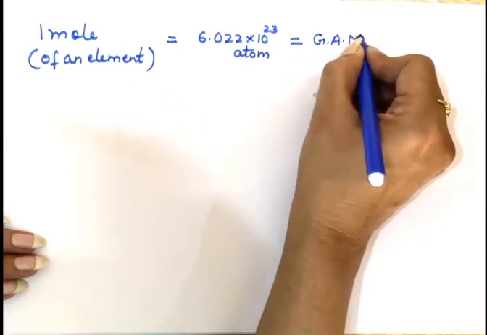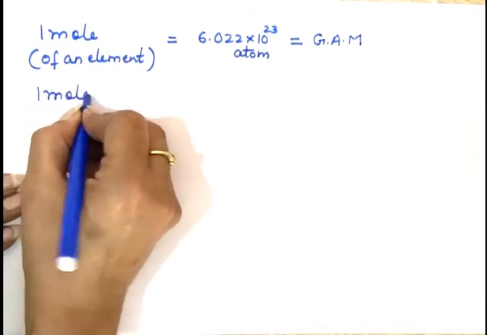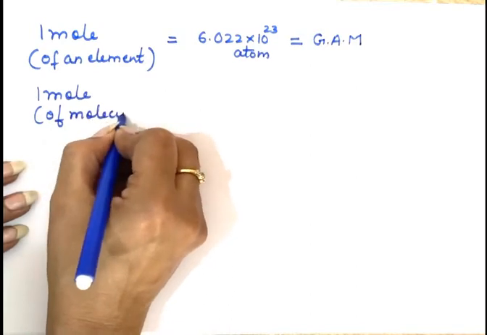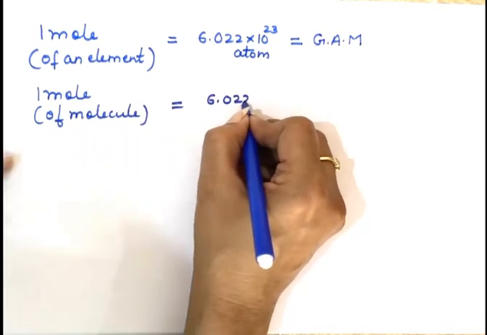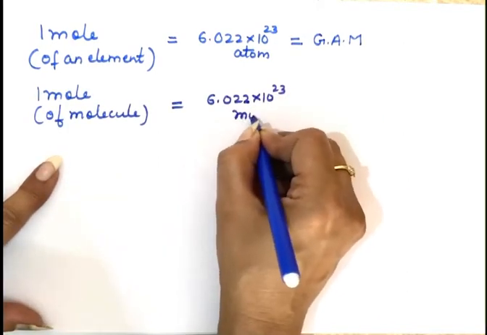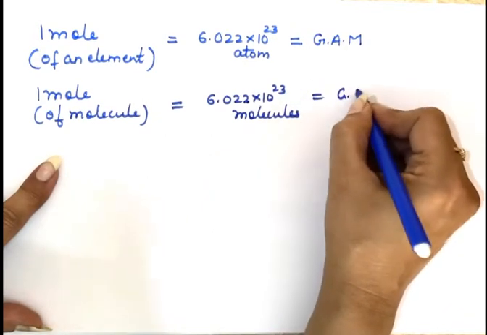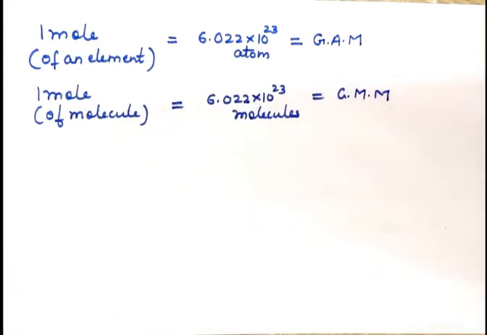We write that mass in grams. But if I take 1 mole of molecules, molecules will include compounds also. 1 mole of molecules will have these many number of molecules in it. And the mass of these is known as gram molecular mass. This is the whole mole concept.